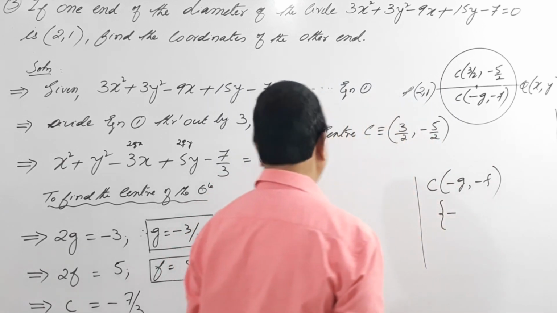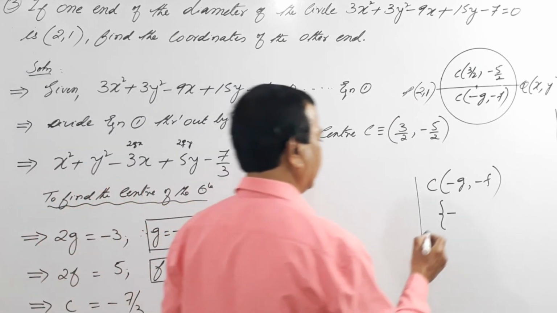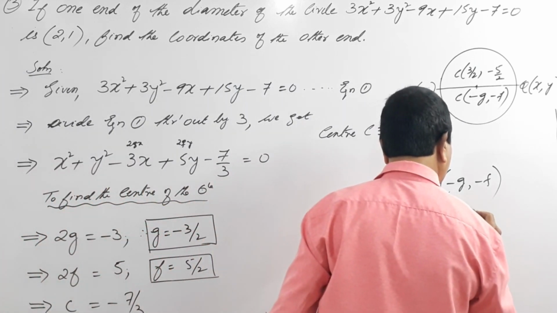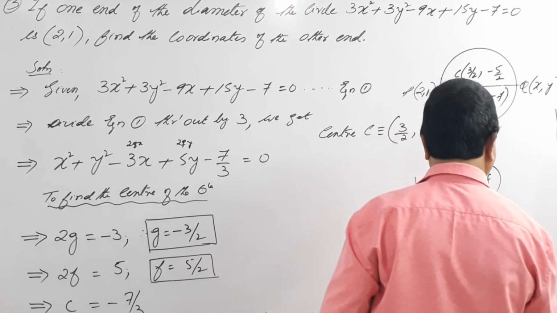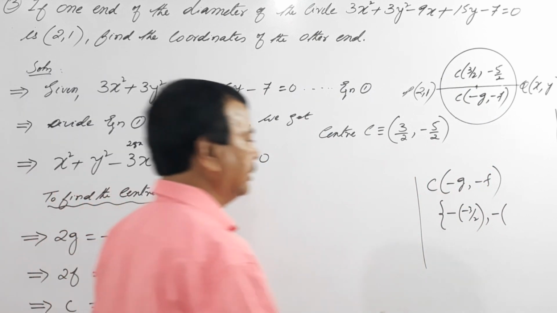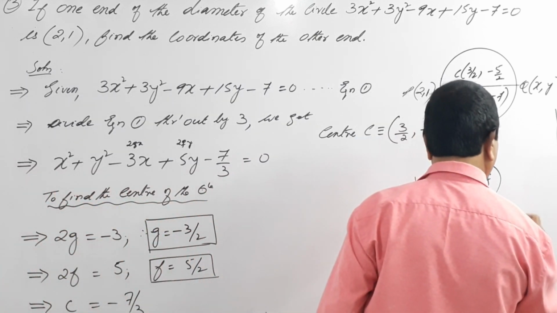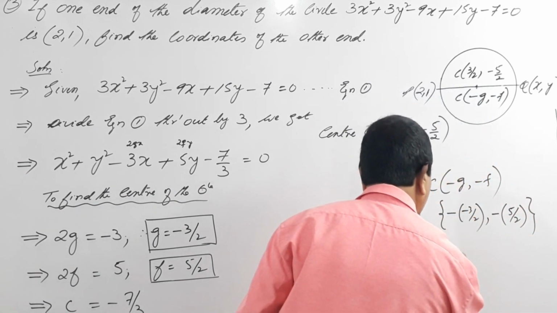What is g? G is minus 3 by 2, that is minus of minus 3 by 2, comma, again f, this minus. What is f? F is 5 by 2, isn't it? 5 by 2. What happens with minus into minus?